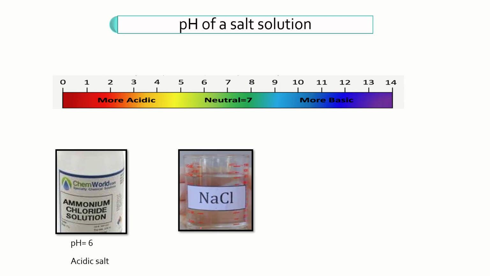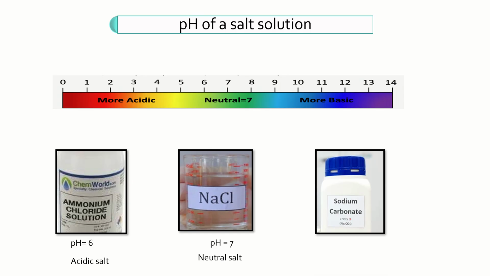Sodium chloride is formed from the neutralization reaction of sodium hydroxide and HCl. It is formed from a strong base and a strong acid. That is why this is a neutral salt whose pH value is 7.